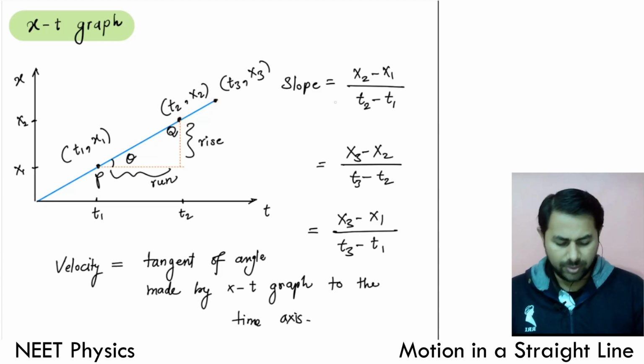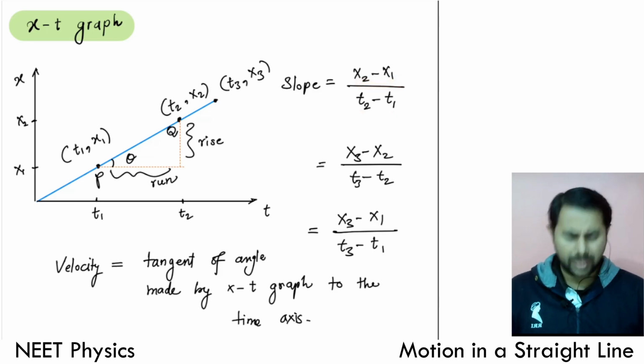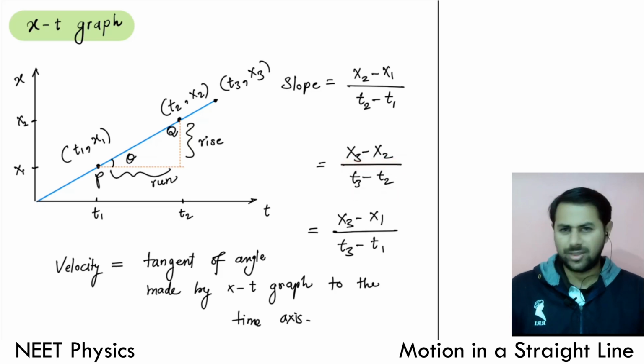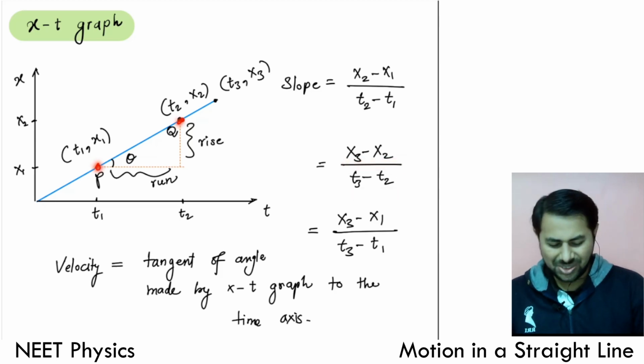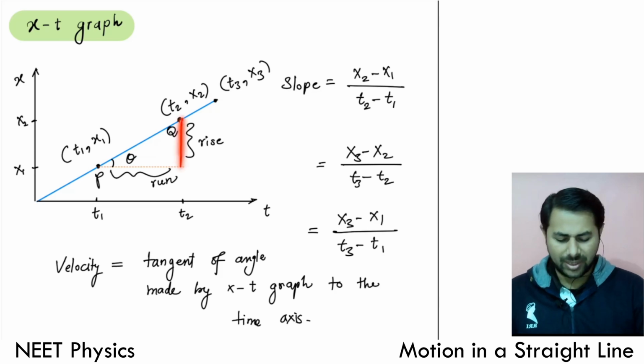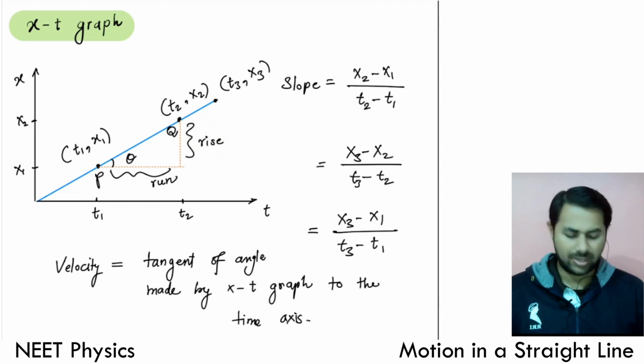So the slope is given by x2 minus x1 divided by t2 minus t1, or it is given by x3 minus x2 divided by t3 minus t2. So you can choose these 2 points, or these 2 points, or this point and this point, and you can find out the change on the vertical axis, which is called the rise, divided by the change on the horizontal axis, which is called the run.